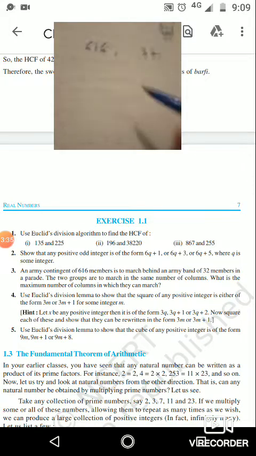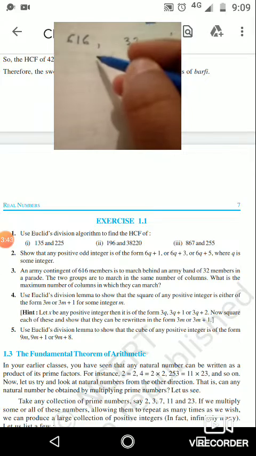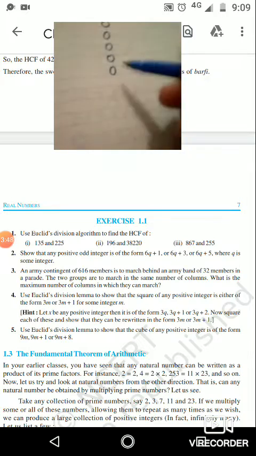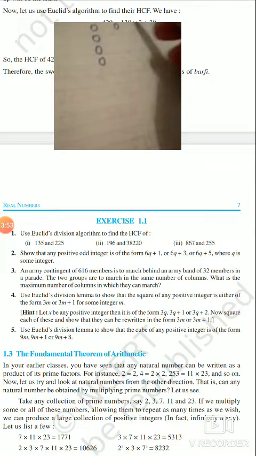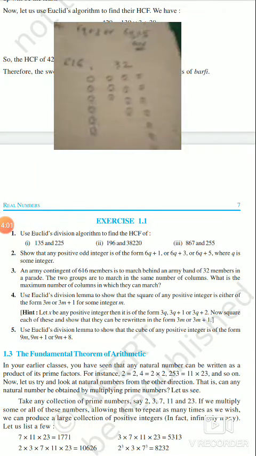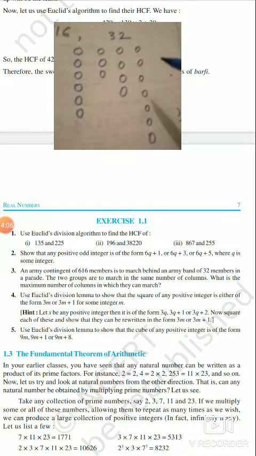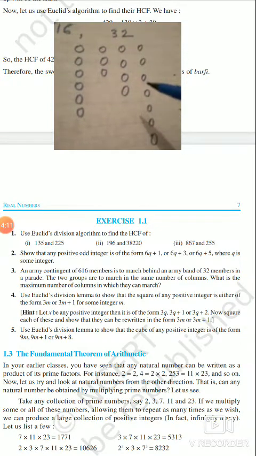So you know, if I give an example, suppose in an assembly the students are standing like that. Then in the assembly, the last row is not equal. So what will you do?